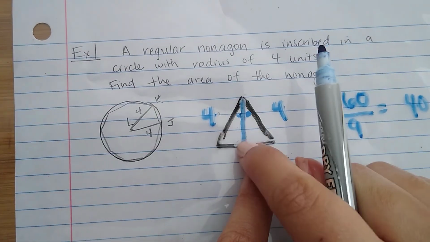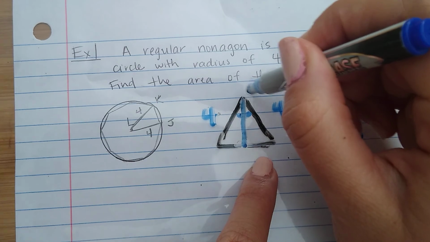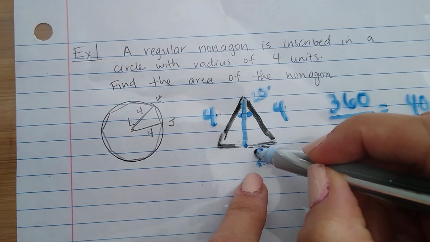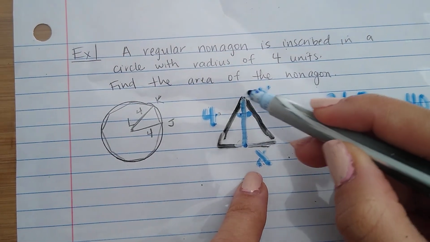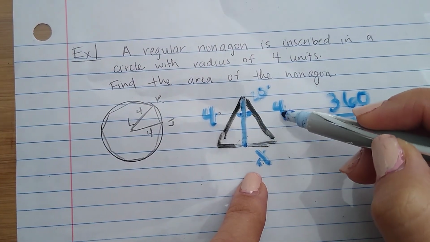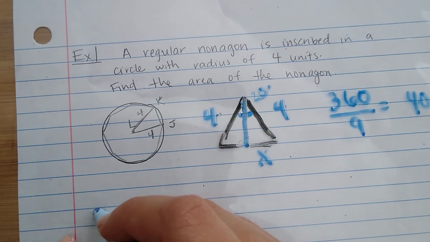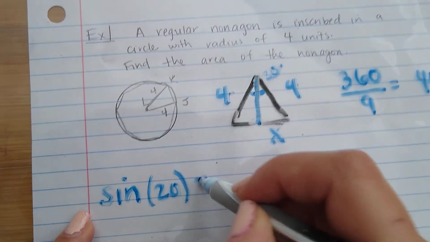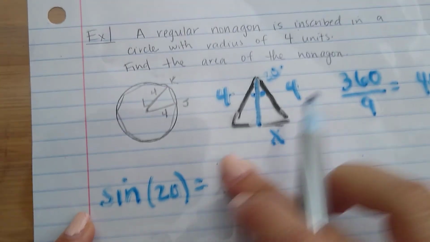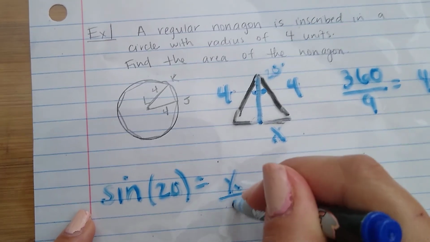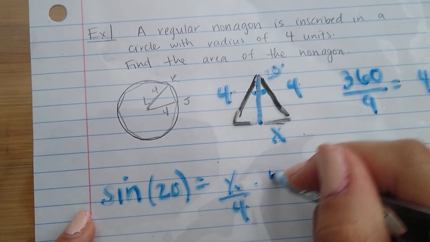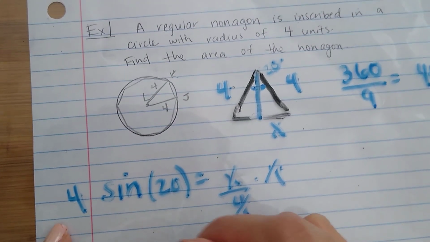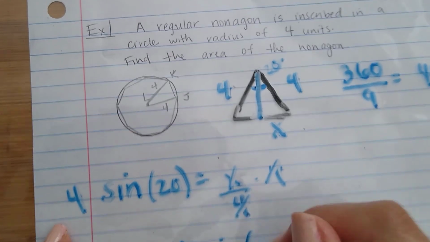If I bisect this triangle in half, then I know this angle is going to be 20 degrees, and this side is x. So I'm going to use 20, opposite over hypotenuse, that's sine. Using my trig ratios, sine of 20 equals x over 4, since opposite is x. Now I multiply both sides by 4, and I get x equals 4 sine of 20.